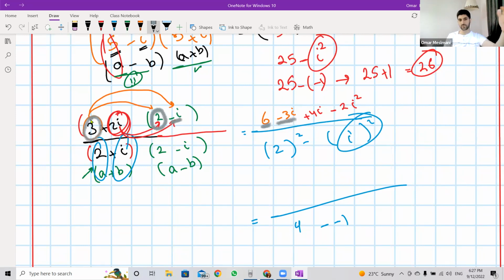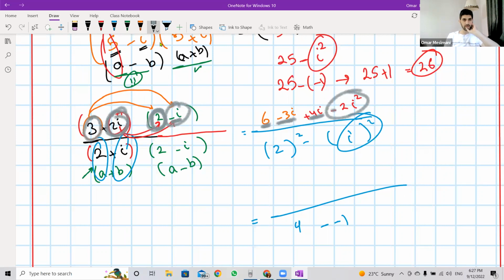And I distribute the 2i over both terms. 2i times 2 is 4i. 2i times minus i: positive times negative is a negative. 2 times nothing is 2, and i times i is i squared. Any problems?